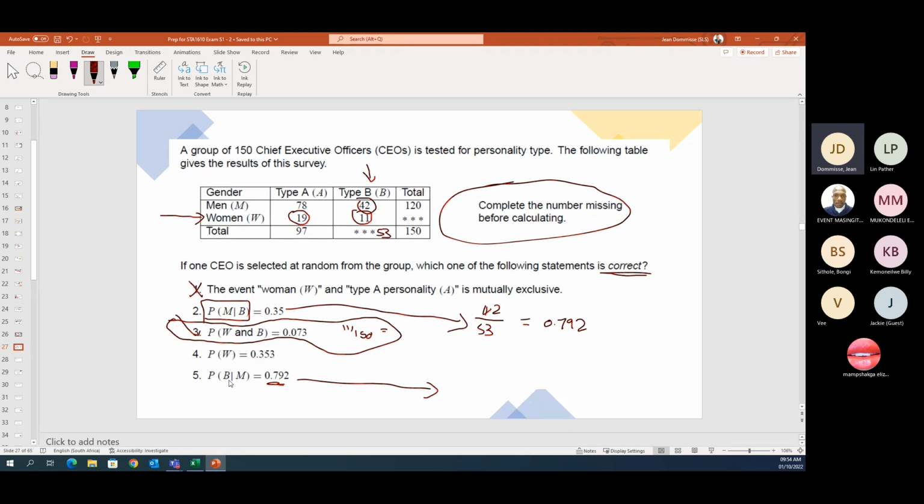So let's look at the other way around. Probability, again, of the 42, even men, 120. So 42 divided by 120, yes, is equal to 0.35.